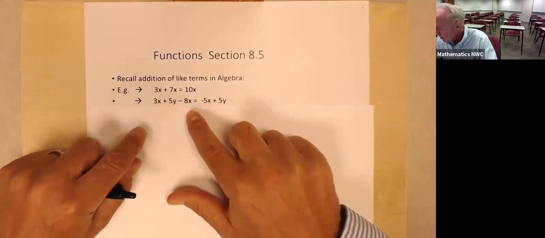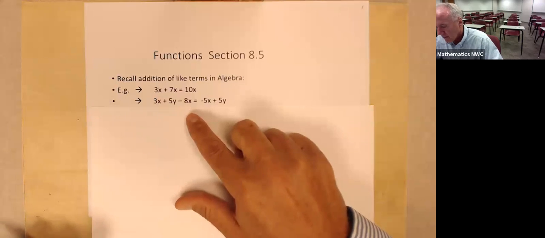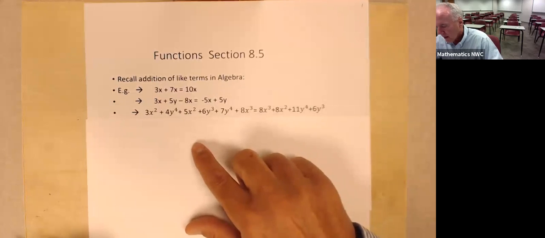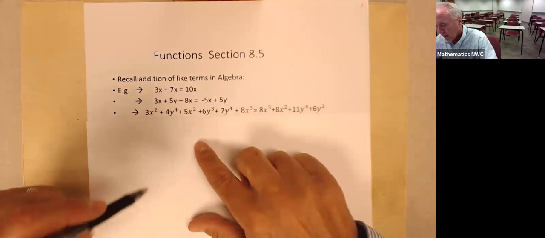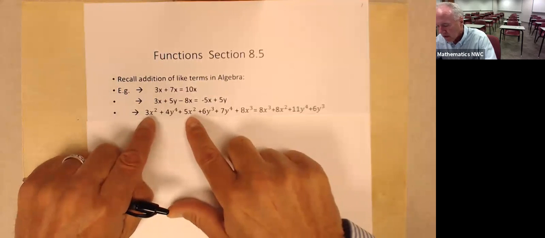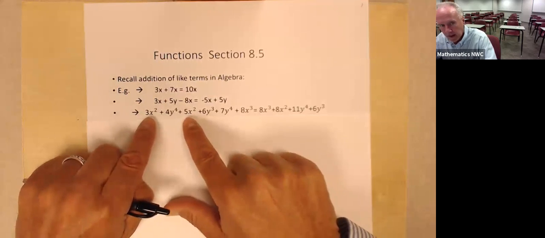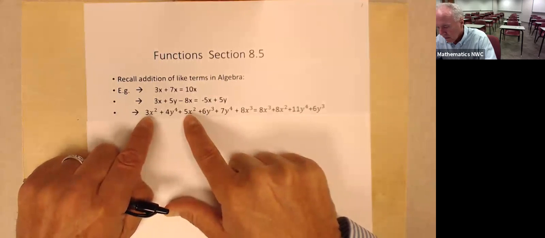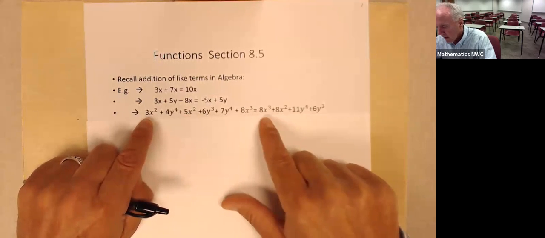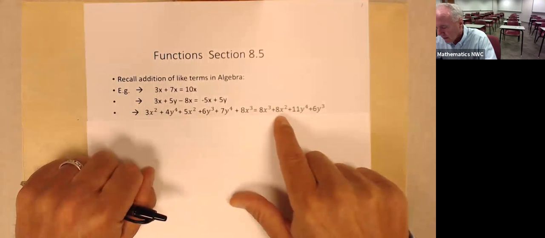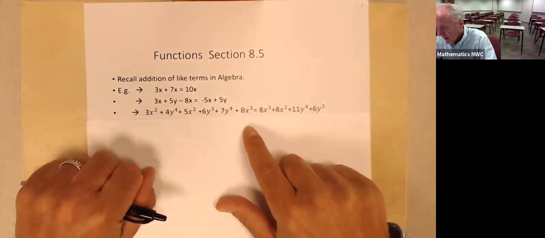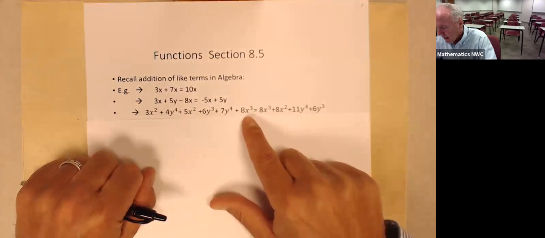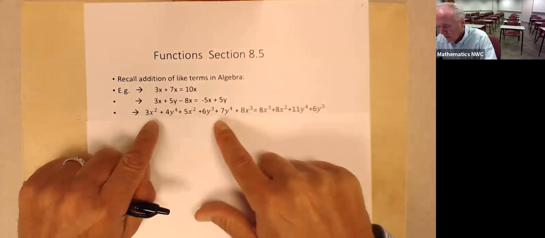Well, as we mentioned, you can put a lot of different things in there. But we also can have powers here. Like terms would be these two. They're both x squared terms. So 3 plus the 5 gives me 8x squared that you see right there. I have an 8x cubed. There's no other x cubed.